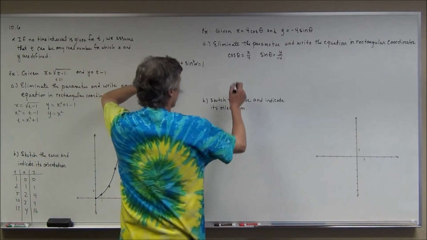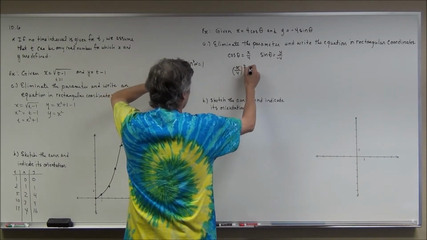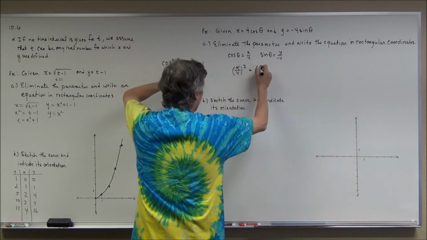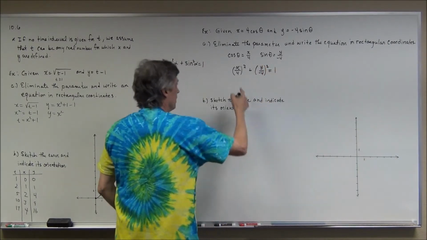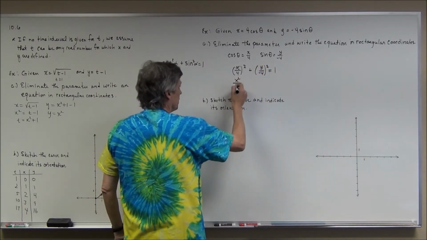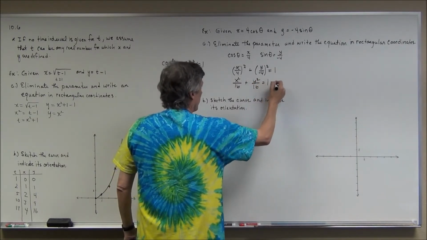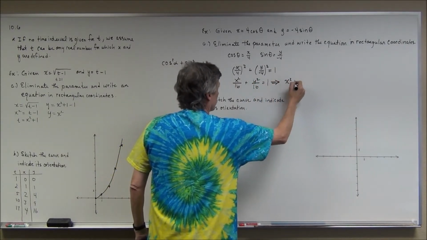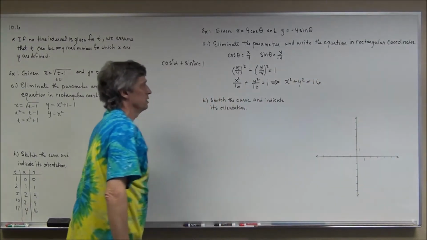So this is going to give me x over 4 quantity squared plus y over negative 4 quantity squared is equal to 1. Well, this is x squared over 16 plus y squared over 16 equals 1, or better known as x squared plus y squared equals 16 if I multiply both sides by 16.